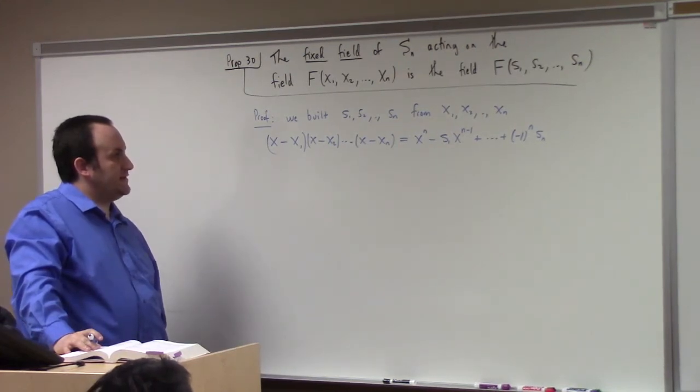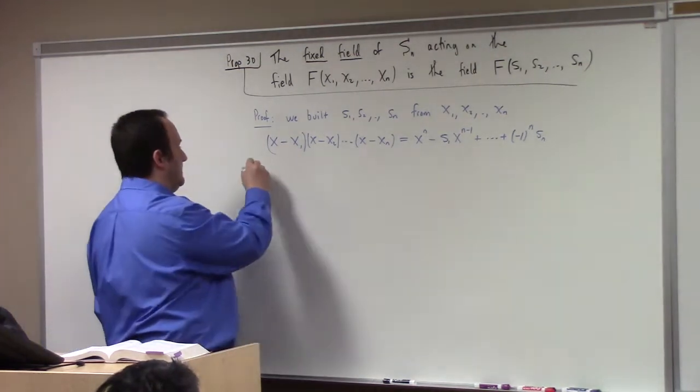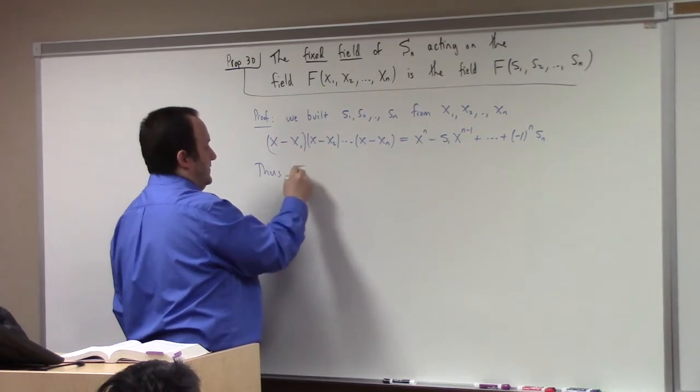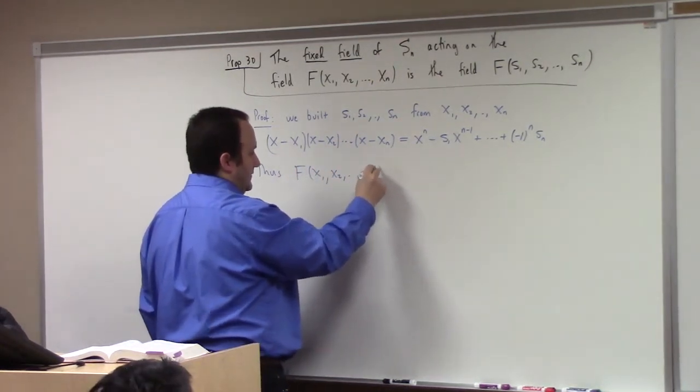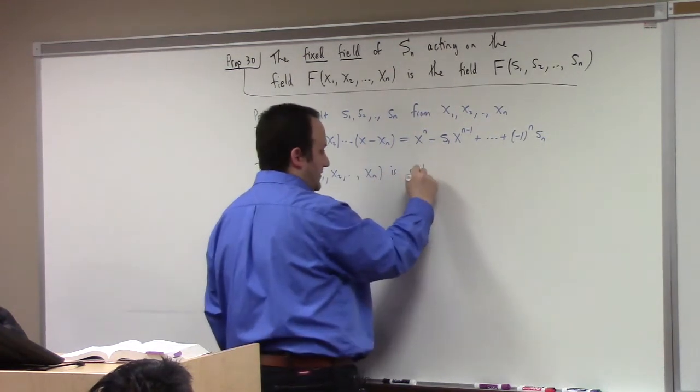So the point is, let's see here, what's the point? Thus, F with the roots x1 through xn adjoined is the splitting field for what?